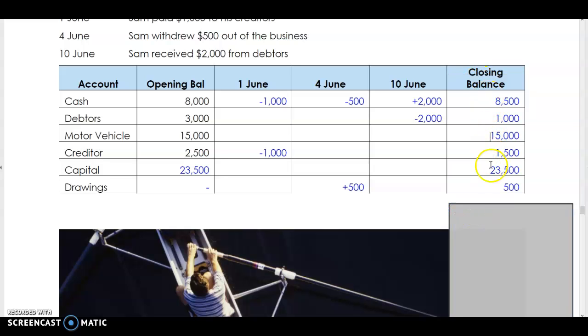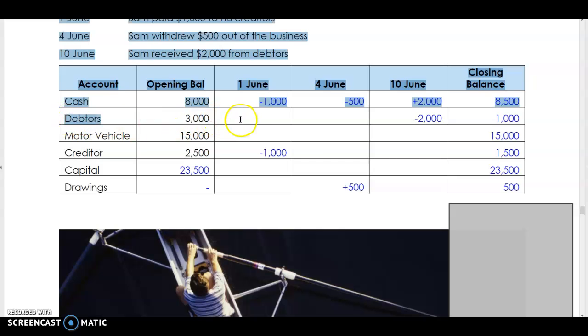Now, on the last column here, our closing balance, we simply add up along the rows. So our cash opening balance was $8,000, minus 1 is $7,000, minus 5 is $6,500, plus 2 is $8,500 in our closing balance in our cash account.